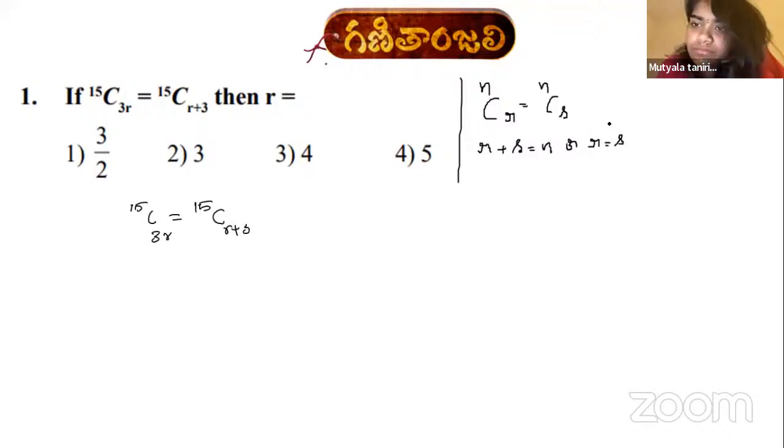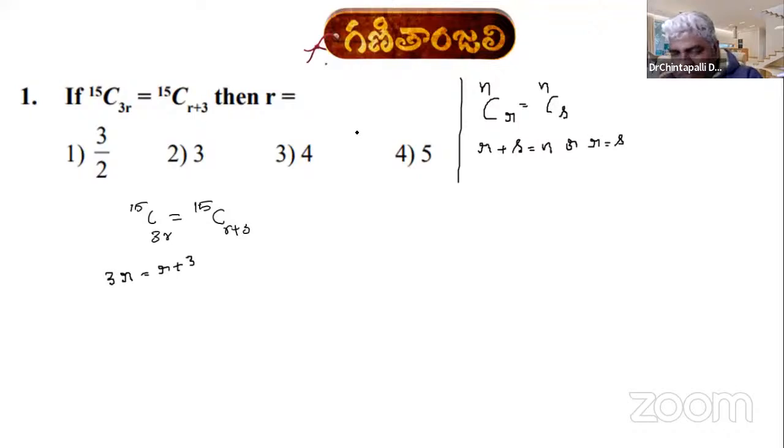Let us check the second option. The second option says 3r is equal to r plus 3. That's why you got 3 by 2. Of course, but n and r can never be a fraction. n and r are always positive integers only.